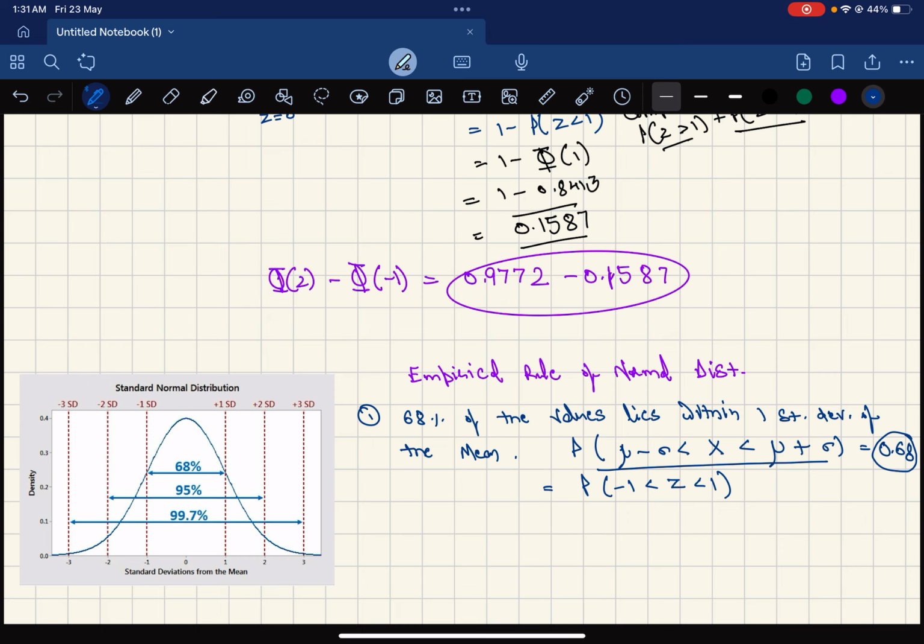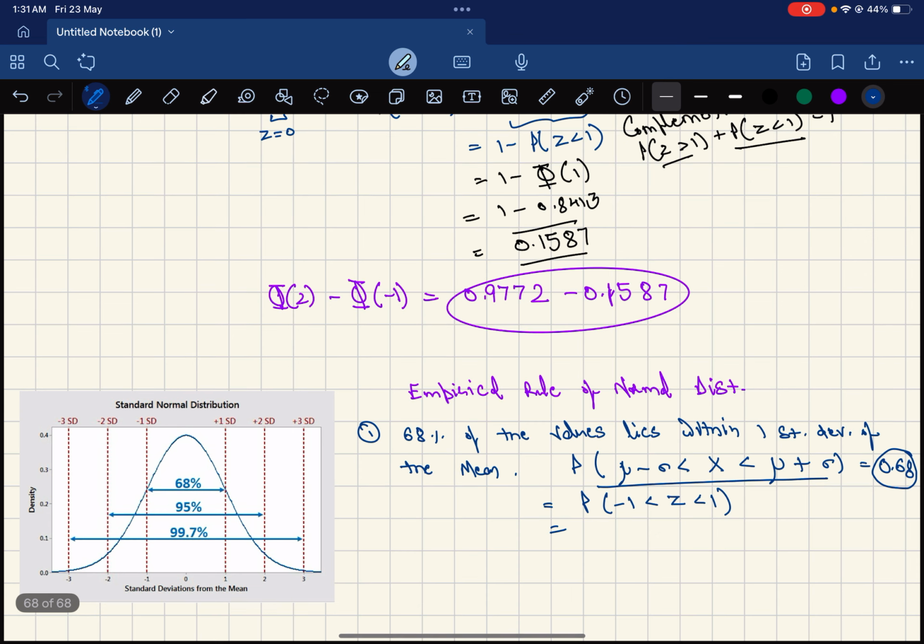Therefore we are left with this particular value. We already know P(Z < 1) was 0.8413, like we saw in the previous case, and P(Z < -1) is 0.1587, so one can see that it is approximately equal to 0.68.